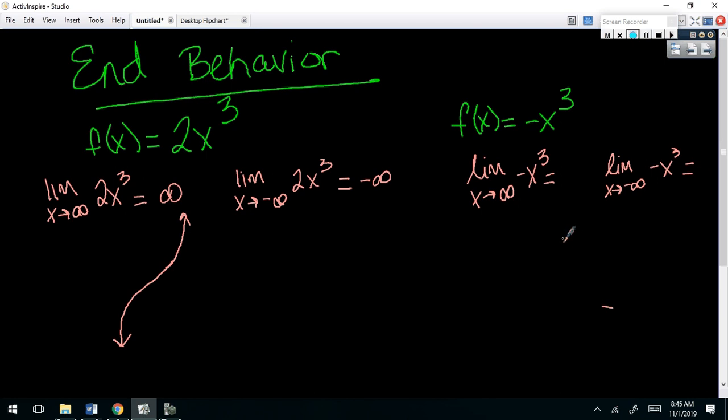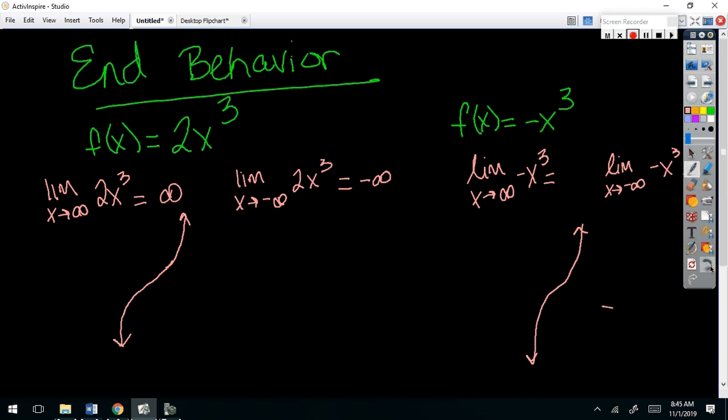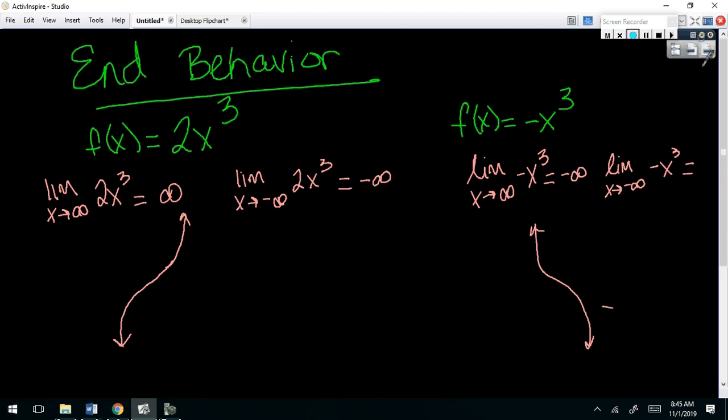All right, so this one, what does that negative in front do to the graph? Maybe it looks so. Ah, that's the same one. I'm sorry. So as I go towards positive infinity, the graph is going which way? Negative infinity. And as x approaches negative infinity, the graph is going.